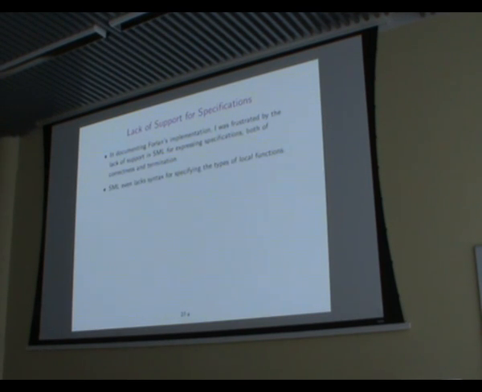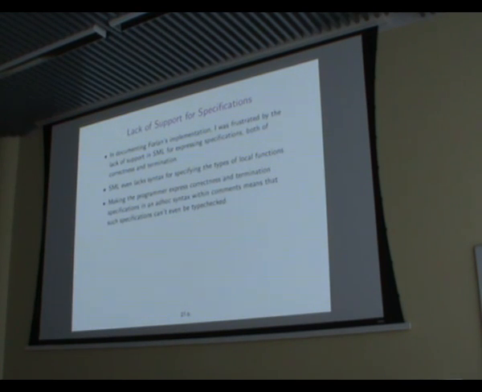And it's a long-standing gripe that SML doesn't even have convenient syntax for describing the type of a local function, that there's no good place to put it unless you want to say afterwards val f colon type equals f. You know, that's functionally equivalent to doing this. Other languages like Haskell have solved this problem a long time ago. If you use val rec, of course you can, but if you use the clausal form, there's no good place to put this information in.